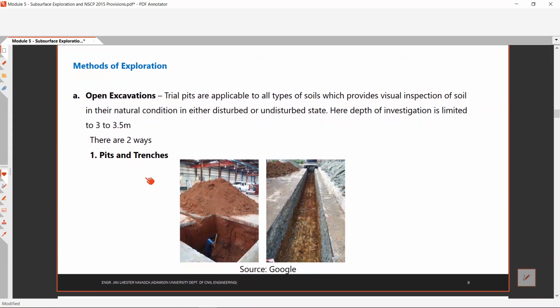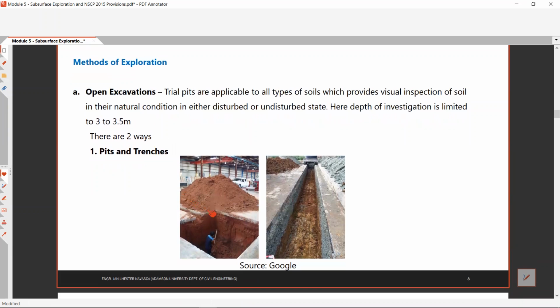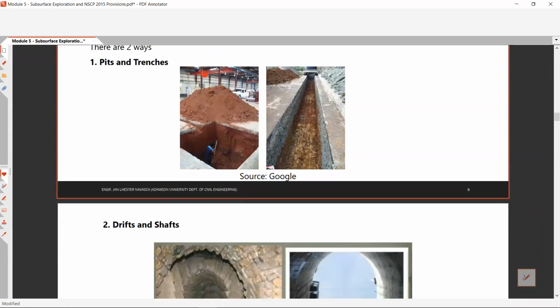So there are two ways, again, for open excavation. We have pits and trenches. Pits and trenches are a very good method of exploration if you want to provide visual inspection of the soil. So for a preliminary investigation, just take pits and trenches.